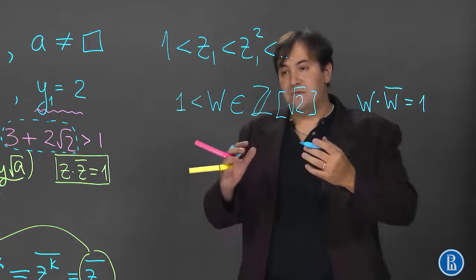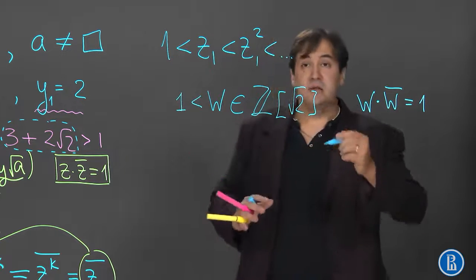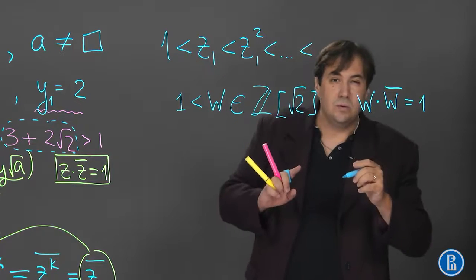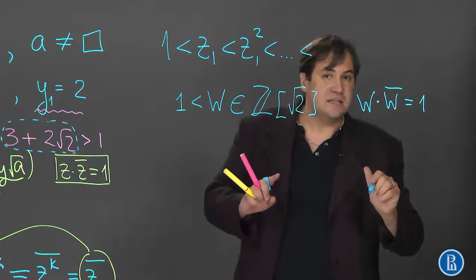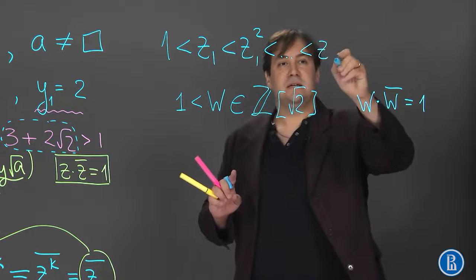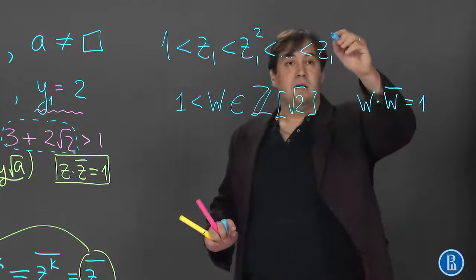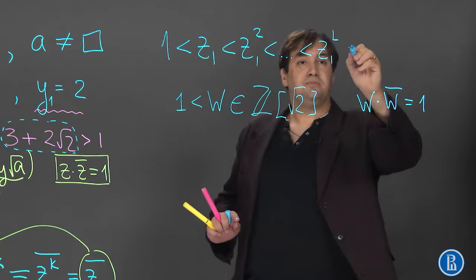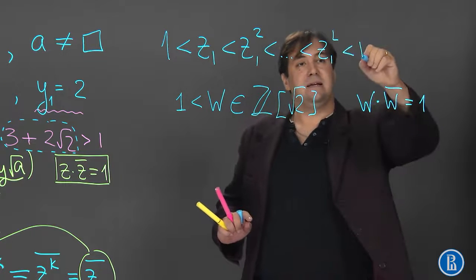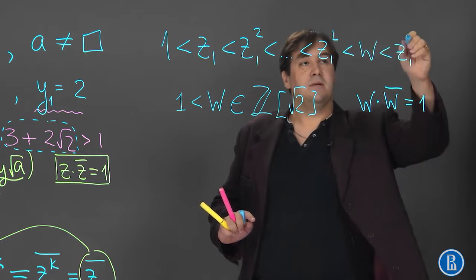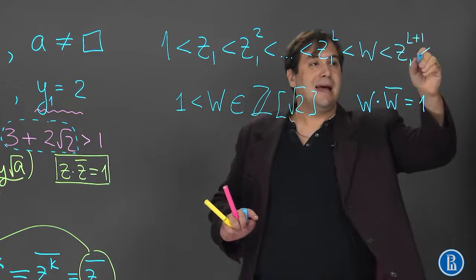If w is some other solution, then it must be somewhere between two neighbor elements of this sequence. So we have z1 to the power of, say, L, and it is less than w, and this is less than z1 to the power L plus 1, and so on.